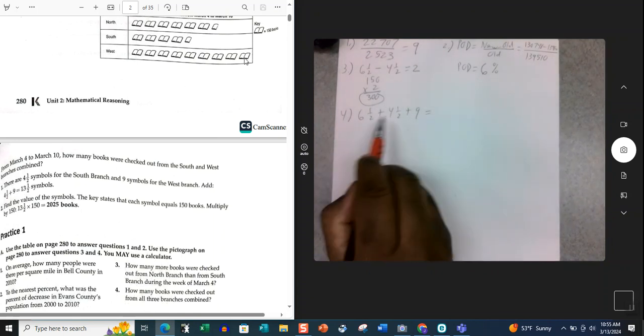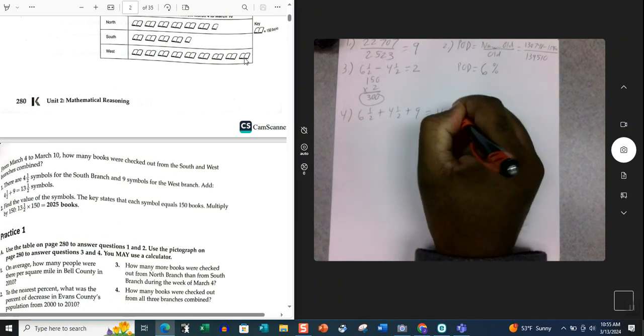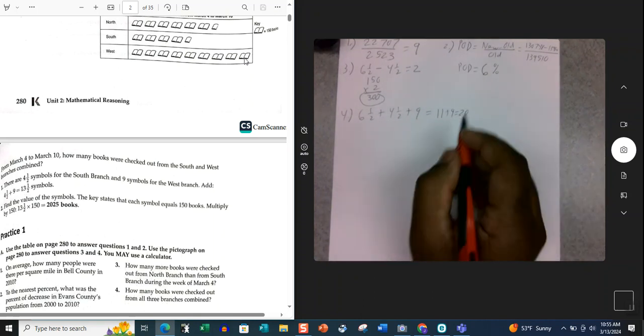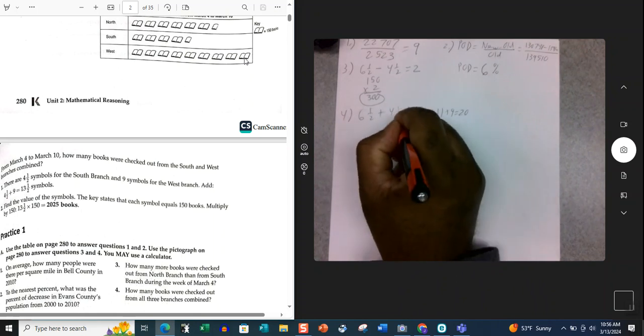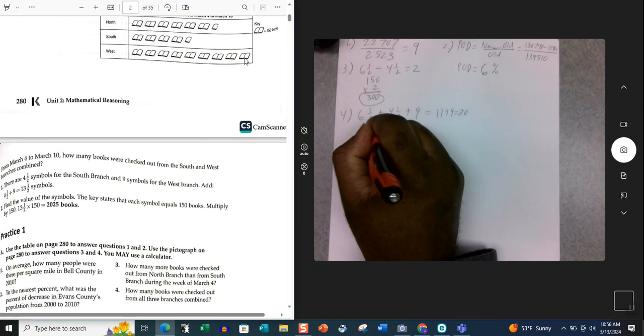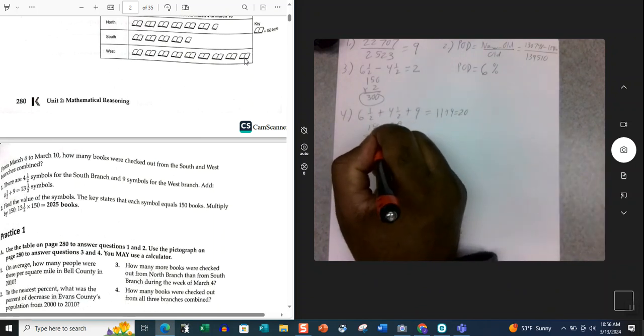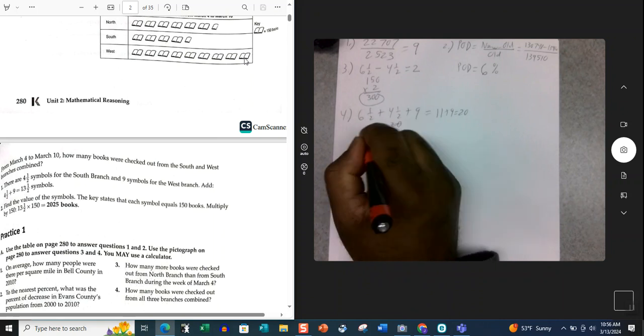Now we know 6.5 and 4.5 will give us 11 plus 9, which is 20. So that's 20 of those symbols, and we will have to multiply that by 150. So we'll take 150 times 20, which will give us 3,000.